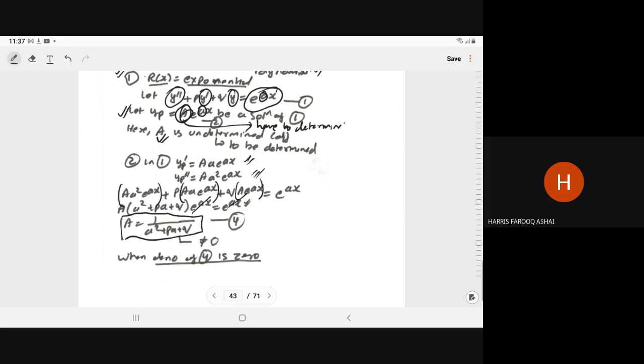This will work when the denominator is non-zero.